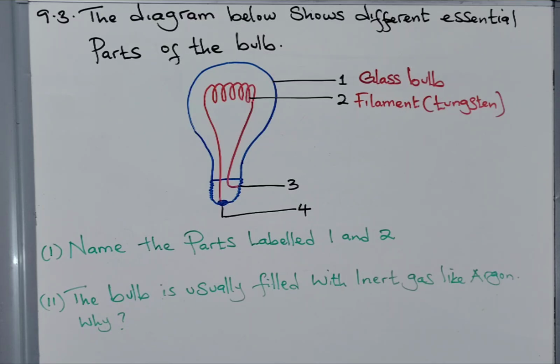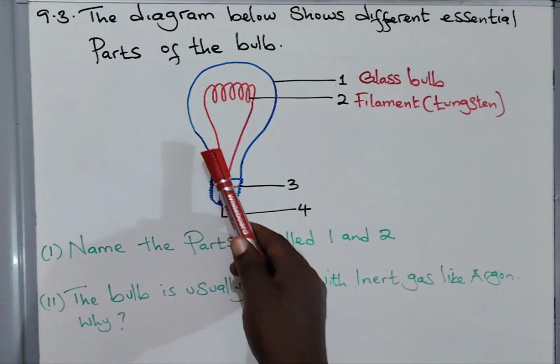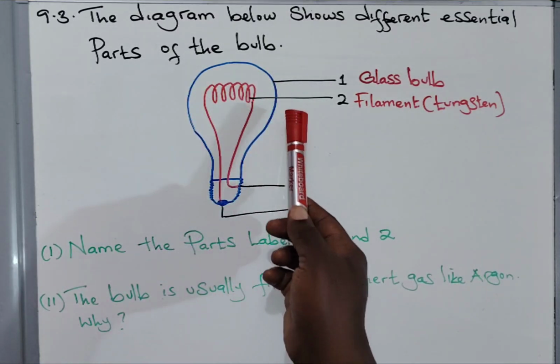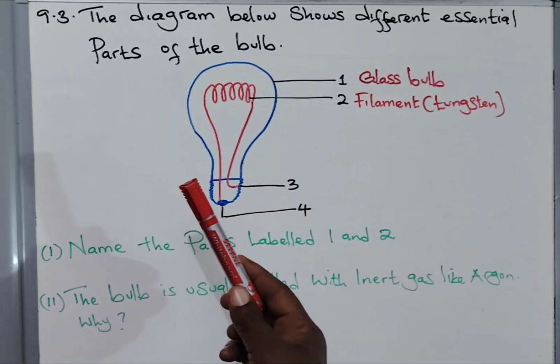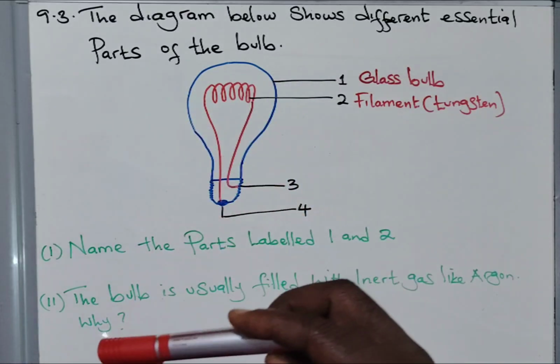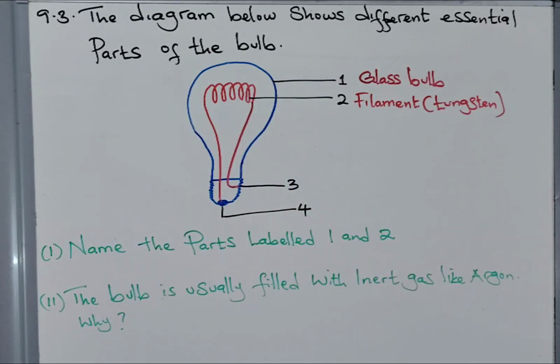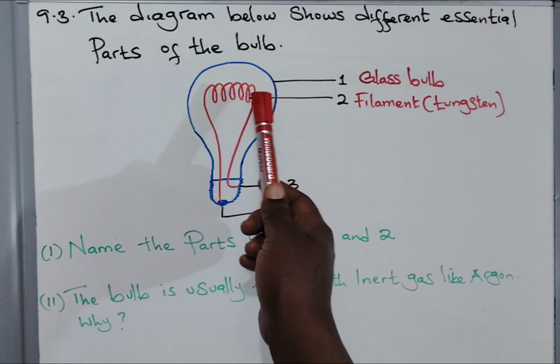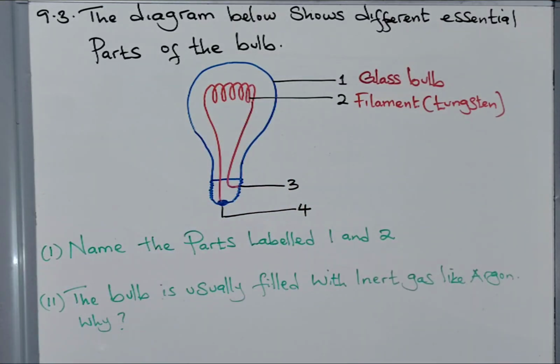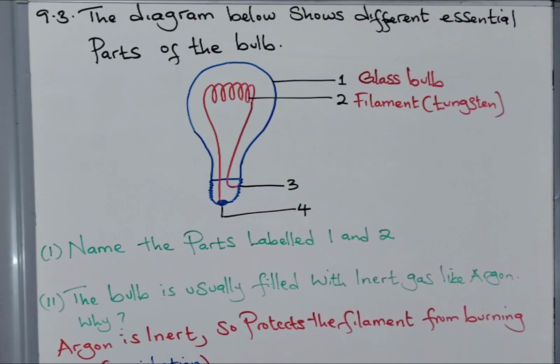The reason is that argon is inert, so it protects the filament from burning out. Because when an inert gas is there, there's less oxygen, which would burn the filament.